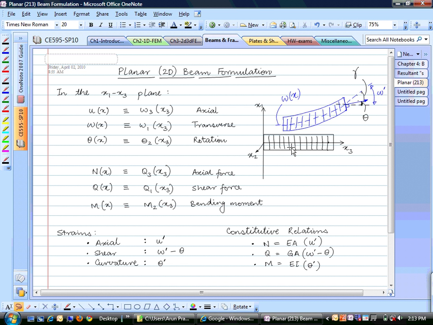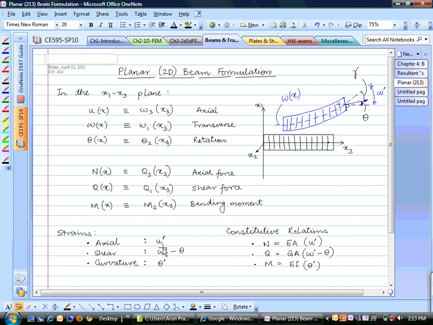Some cross section at x plus delta x displaces some more. What is the rate of change of this theta with respect to x? That is, the derivative of theta is defined as curvature. It doesn't matter whether it's Timoshenko shear beam theory or Bernoulli-Euler beam theory. Curvature is always the rate of change of theta.